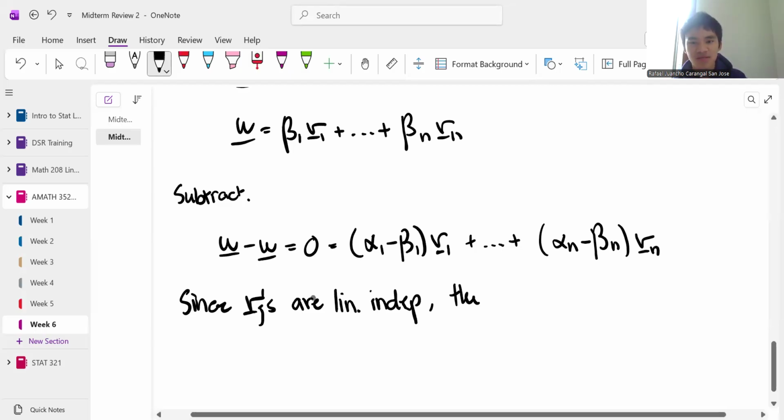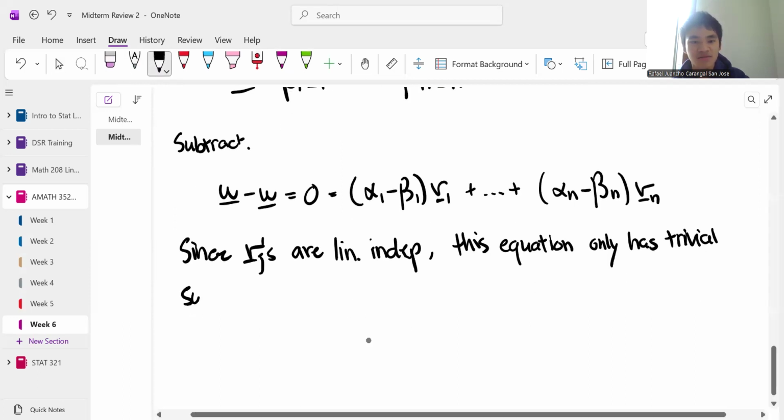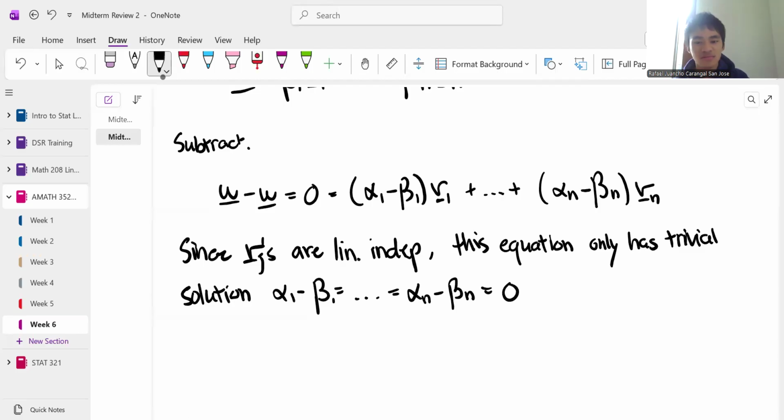So we know they're linearly independent. What does that mean? We can use our alternate definition, right? This means that this equation only has the trivial solution. The alternate definition states that if there's only the trivial solution, all the scalars are 0: alpha 1 minus beta 1, alpha 2 minus beta 2, up to alpha n minus beta n are just 0.